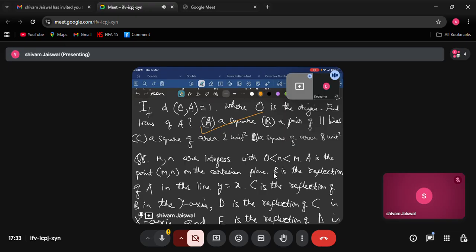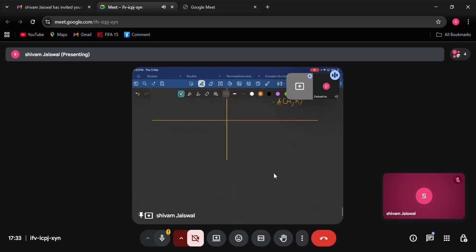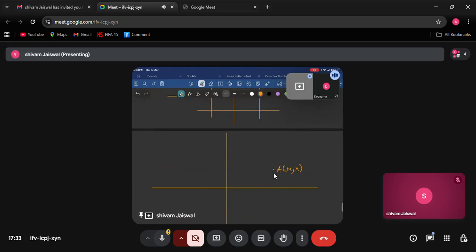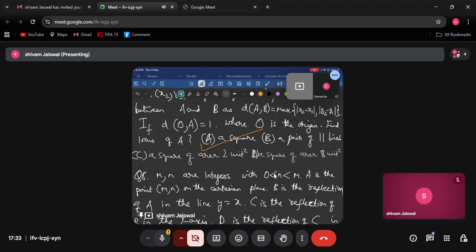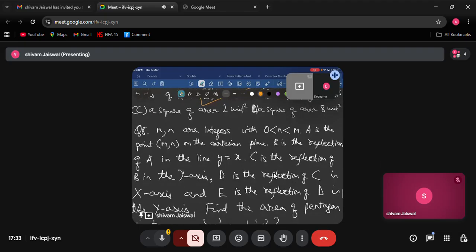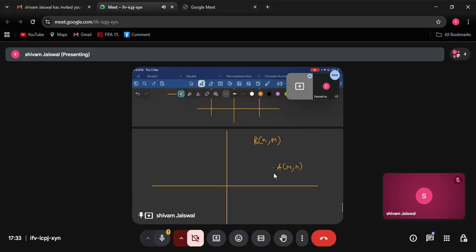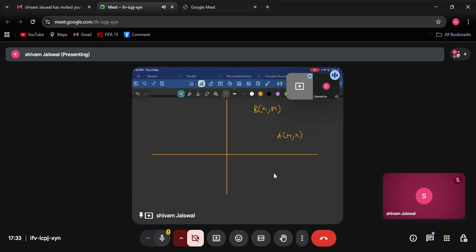B is the reflection of A on the line y equal to x, so B is somewhere over here. C is the reflection of B in the y axis, so C is somewhere over here.